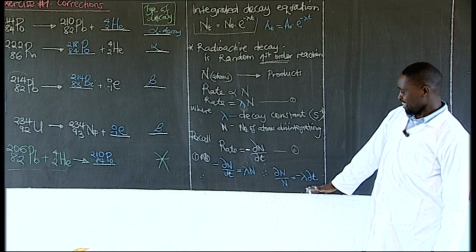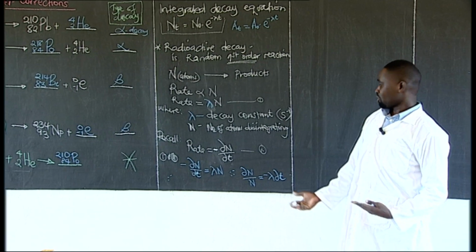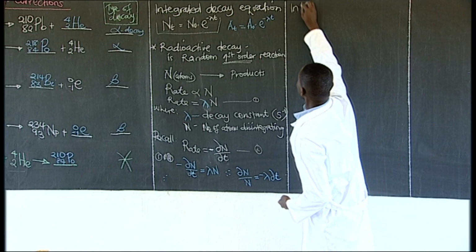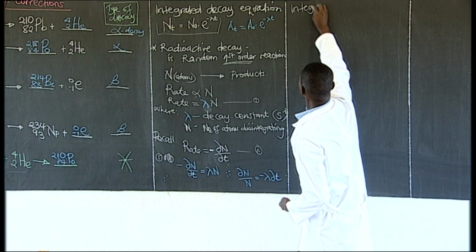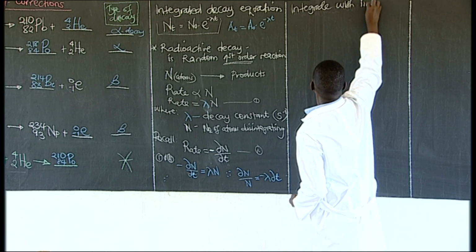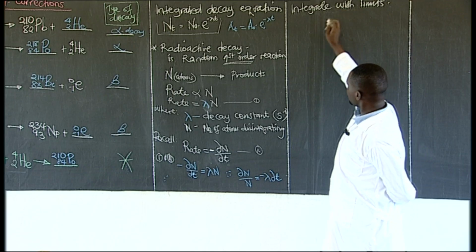Now, when we reach here, the next step is to integrate. And of course, integration comes with limits. So let's integrate within limits. Now the part is to get the limits. What are those limits?